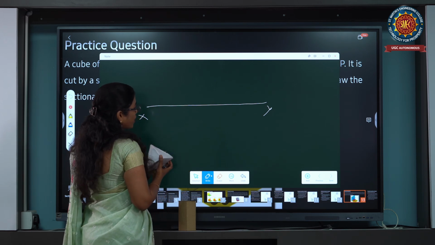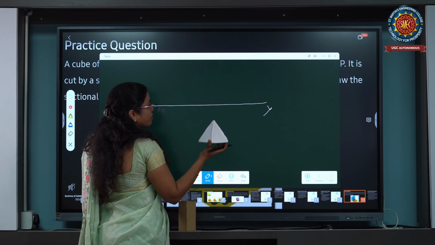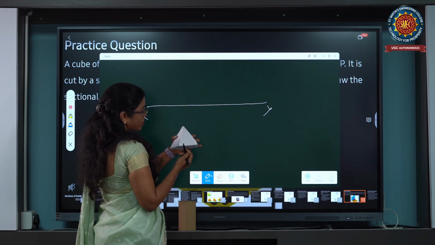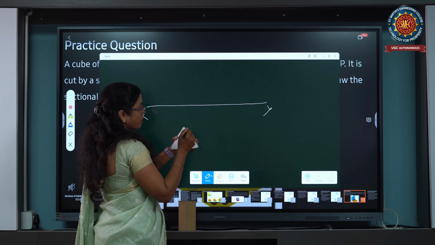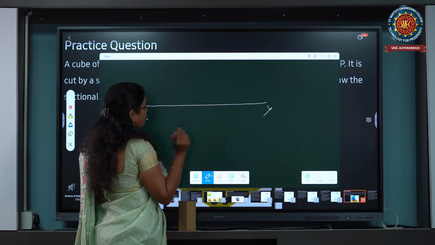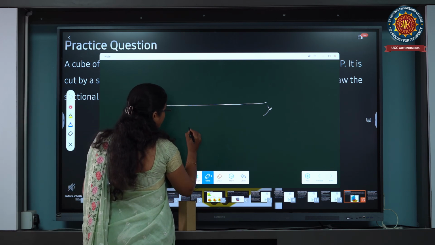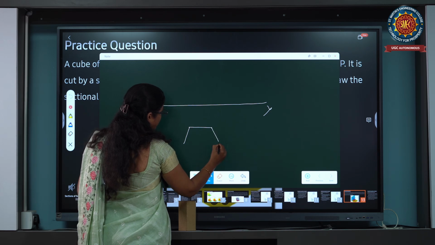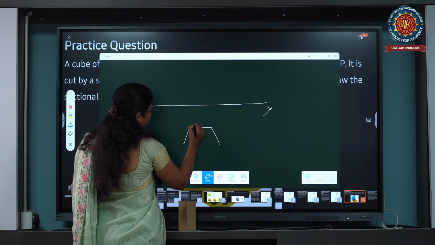So we need to take one hexagonal pyramid whose base has one side parallel to HP, and cut it using a horizontal section plane, and draw its front view and top view. First we need to draw like that. Suppose you take the side of the base equal to 30 mm.